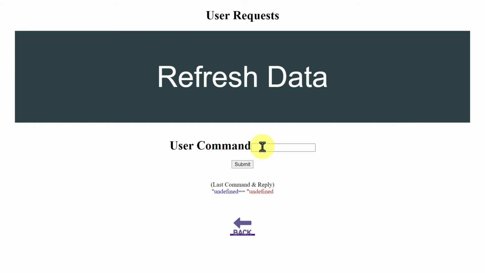This can be helpful if your inverter supports additional commands. You can test them through this page. Just type and submit. You will see the response from the inverter on this page too.